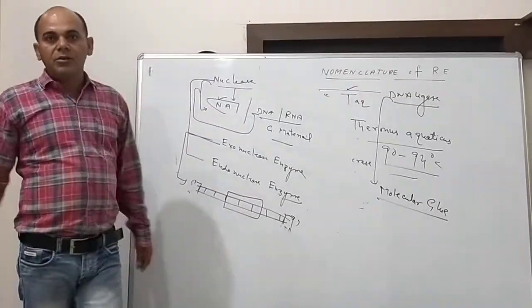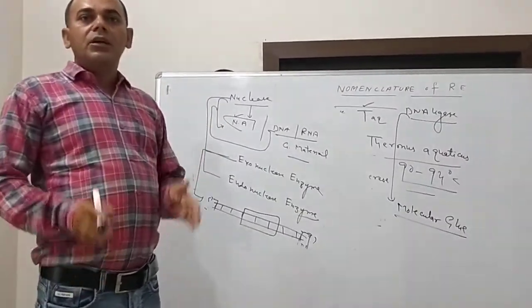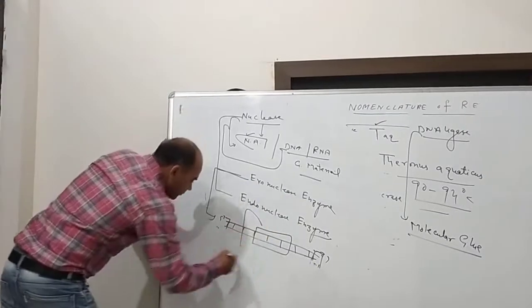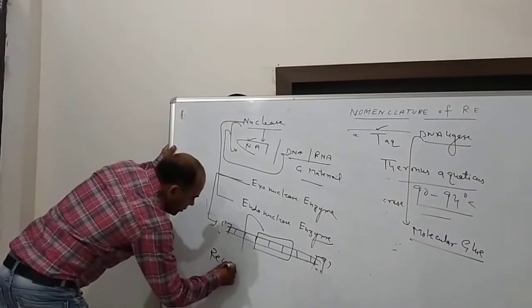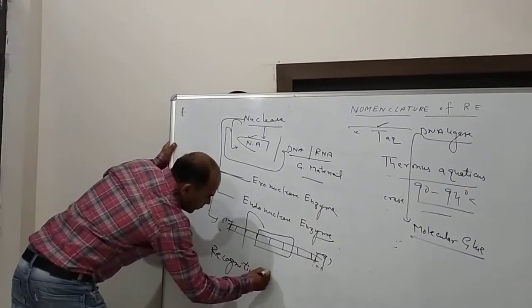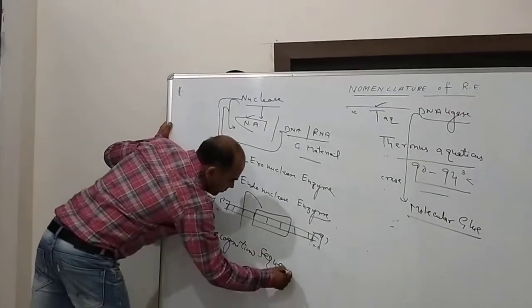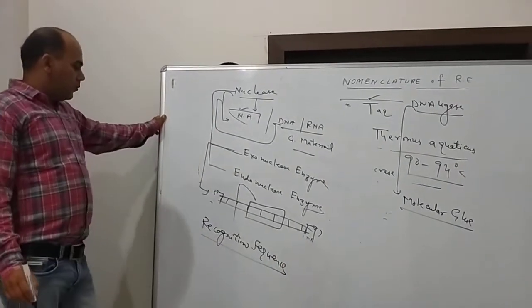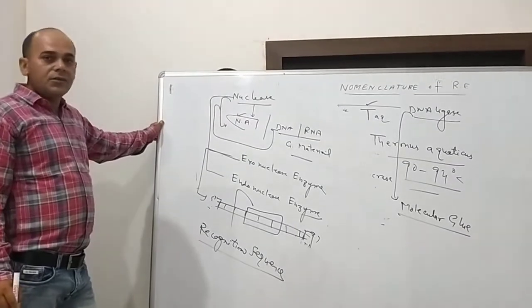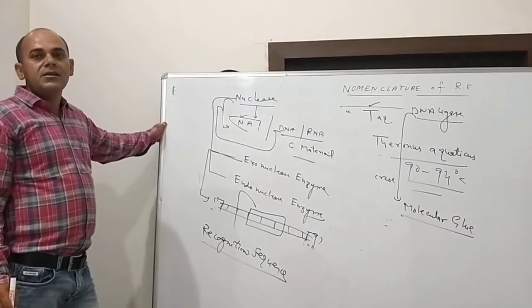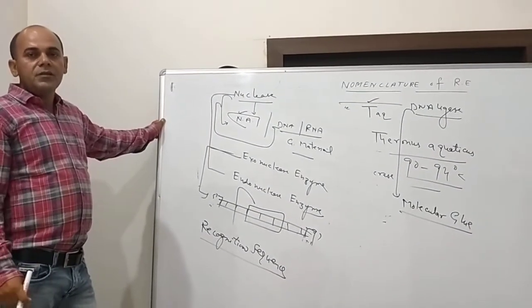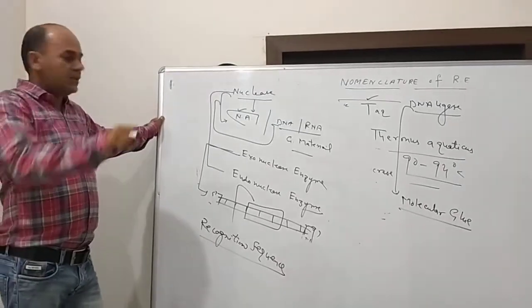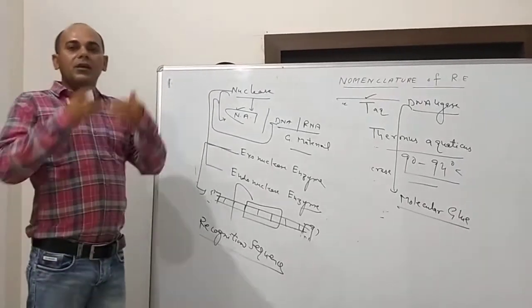That sequence of nucleotides is called the recognition sequence. Again, a very important question: one mark question, what do you mean by recognition sequence? A particular sequence of nucleotide base pairs which is identified by these enzymes, which start to make the cut.